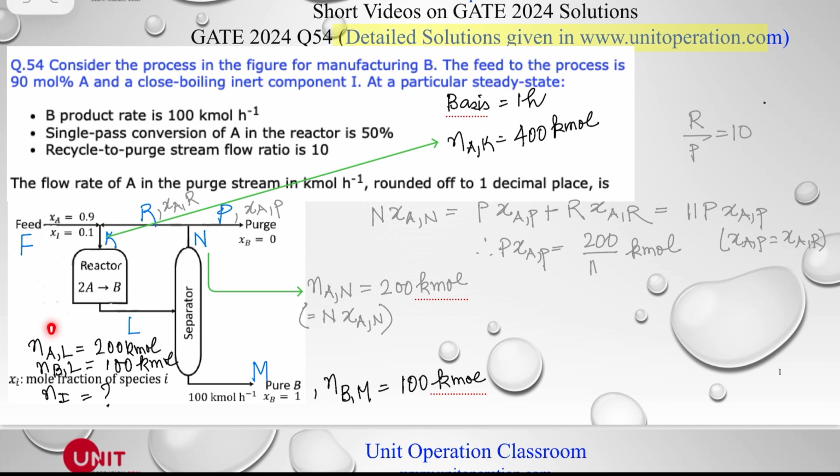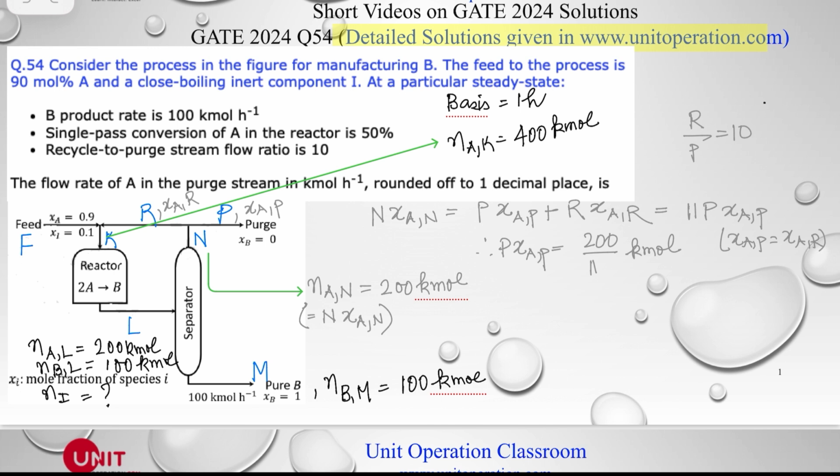So in this stream, we have A 200 kilomole, B 100 kilomole, and inert we don't know, but that is coming almost exactly the same as this one right here. And as you can see, A and I are close boiling. So if it's a distillation column, A and I come out from the top.